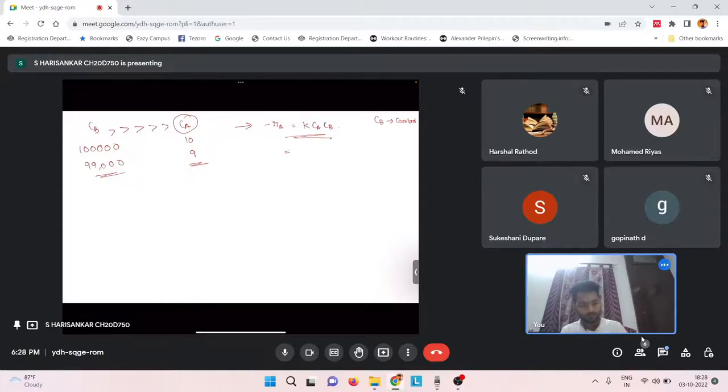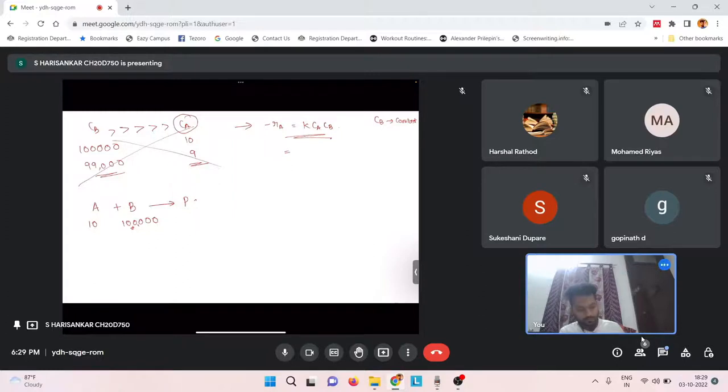To give you some exact values as well, let's take this same reaction. A plus B gives P, and you have 10 moles of A and 100,000 moles of B. Now let's say 1 mole of A reacted with 1 mole of B to give 1 mole of product at some small time, t equal to 1 second or 2 seconds.